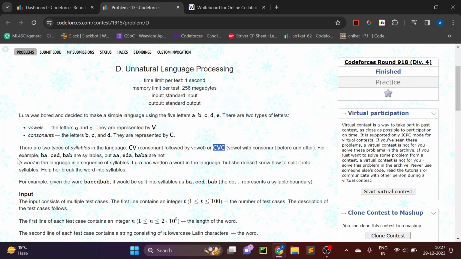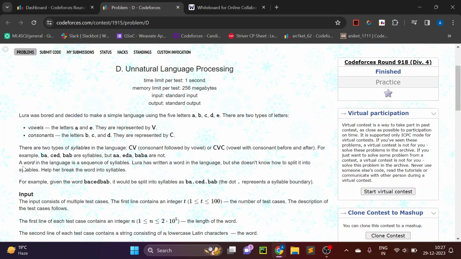CV means a consonant followed by a vowel, and CVC means a vowel with a consonant before and after. For example, BA, CD, and BAB are syllables because they match one of the patterns CV or CVC, but A, EDA, BAB are not.